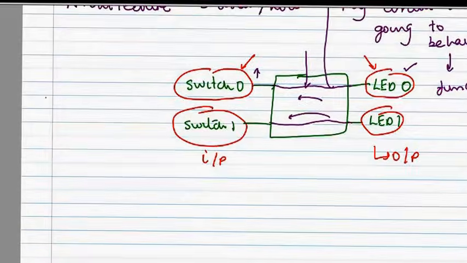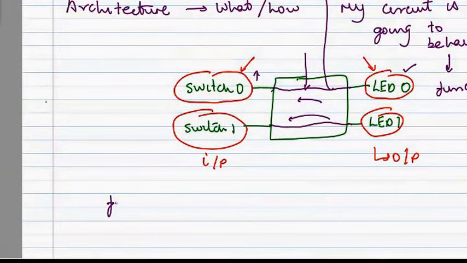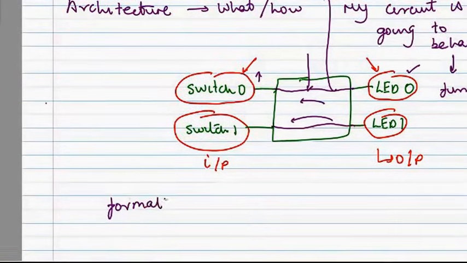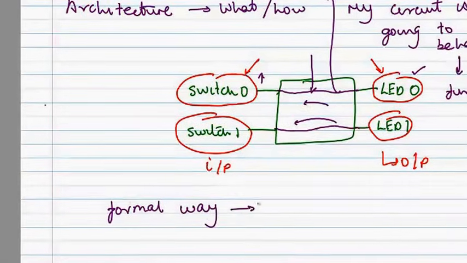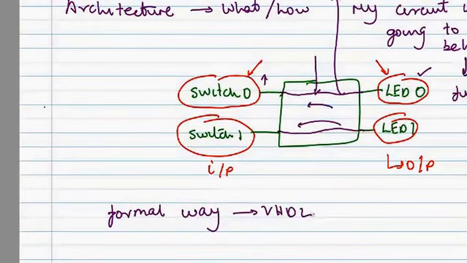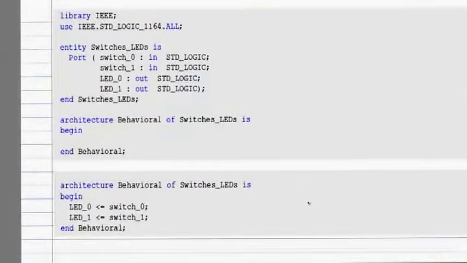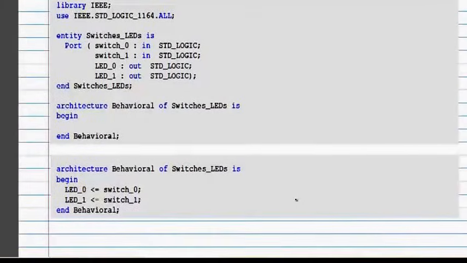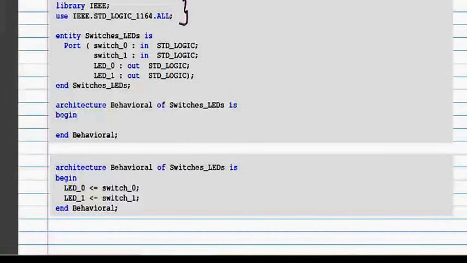So now let's look at this example in a more formal way, or actually how it is written in VHDL. A typical VHDL design looks like this. First, you have your library declarations, which are common for most designs.